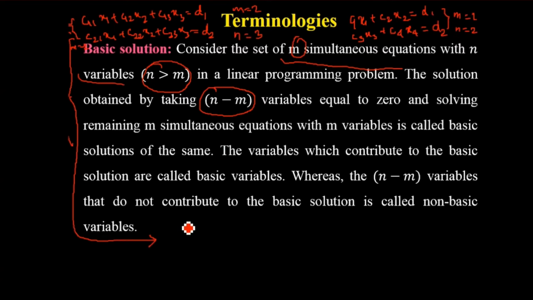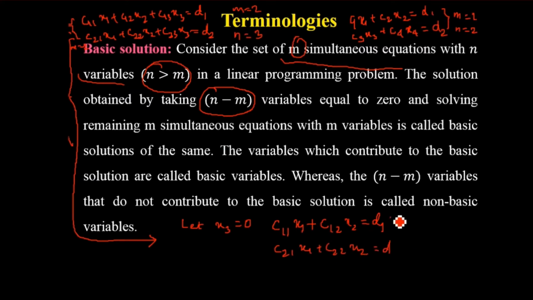If we take x3 equal to 0, then the equations are transformed into c11 x1 plus c12 x2 equal to d1, c21 x1 plus c22 x2 equal to d2.